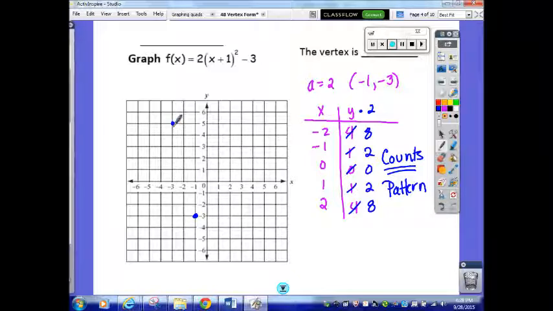I'm stretching my graph. Left 1, up 2. 0, 0, that's my vertex. Right 1, up 2. And right 2, up 8. So now we've stretched that vertical distance. We've doubled it this time. So there's my new parabola.